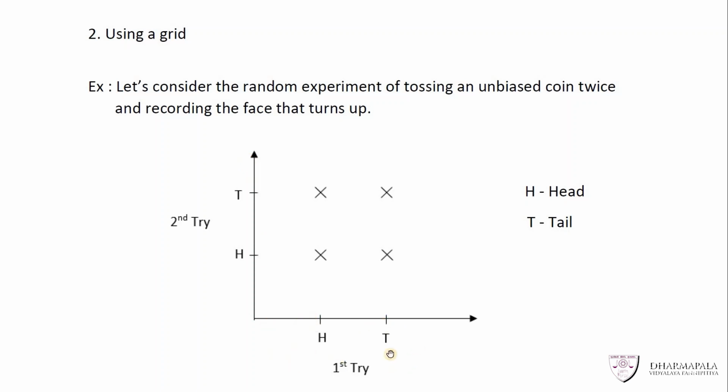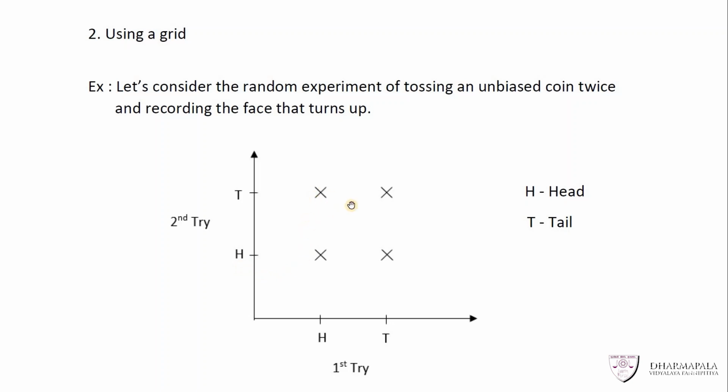These are the outcomes of the first try. So we can get the head. H means the head, T means the tail. So H and T in the first try, we can get those outcomes. In the second try also we can get H and T, that means head and tail. So you can see this cross represents an outcome. Here this outcome is representing that in the first try we got head and in the second try also we got head.